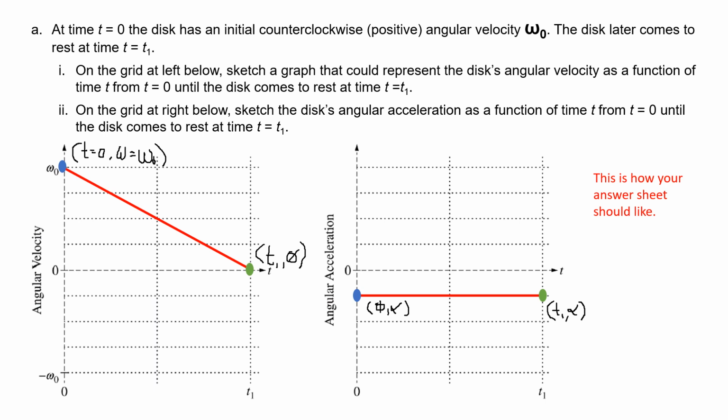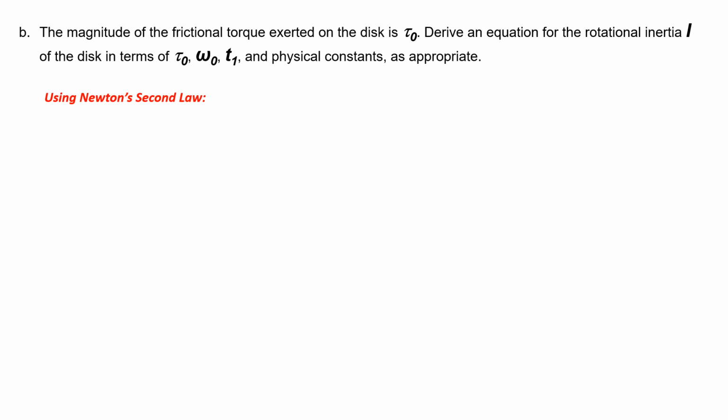So if we go to the next slide, this will ask for question letter B. There are two different solutions that you can use. First of all, using Newton's second law, which is a equals the net force over m.